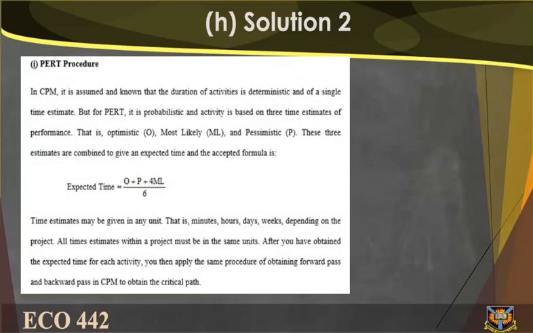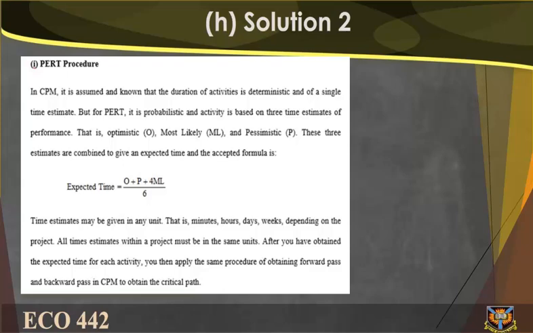H. Solution 2.1. PERT procedure. In CPM, it is assumed and known that the duration of activities is deterministic and of a single time estimate. But for PERT, it is probabilistic and activity time is based on 3 time estimates of performance.